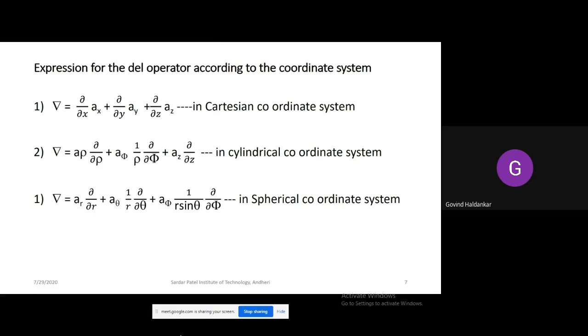But in the equations for the cylindrical and spherical coordinate systems, the unit vectors are written before the operators, that is ∂/∂r, ∂/∂θ and ∂/∂φ are the operators, and before them the unit vectors are written. Why is it like that? Because these unit vectors depend on the angles, theta and phi, so they are written before the operator.